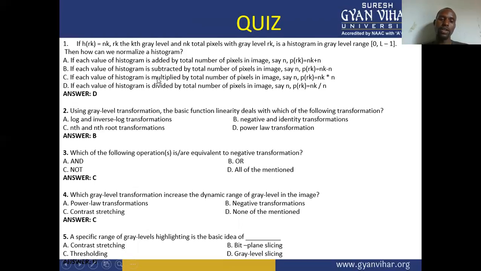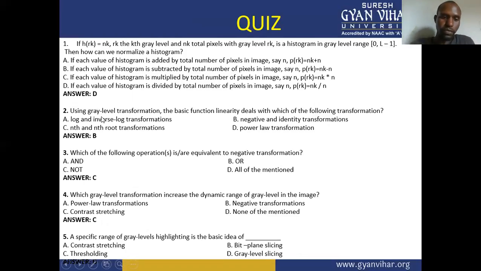Here similarly we are doing a multiplication, so the output is not true. If the value of histogram is divided by the total number of pixels in the image, say n, p of rk equals nk divided by n, correct? The main essence is division by the total number of pixels, so that is our result.